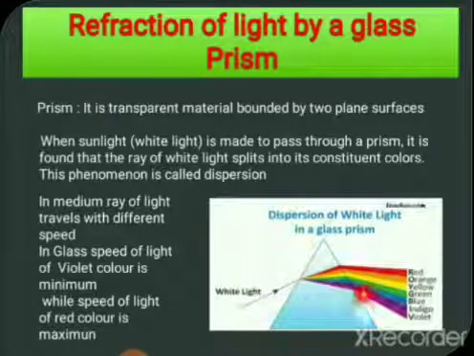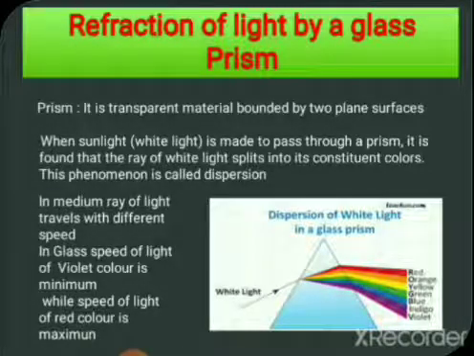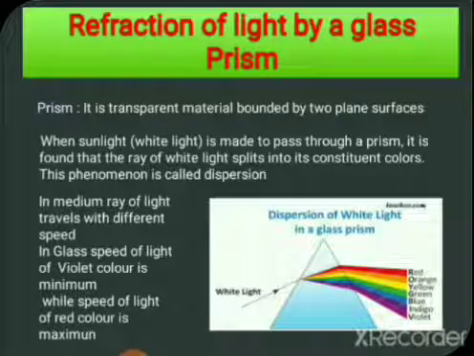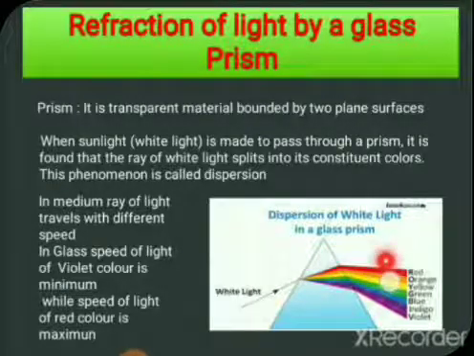Hence, violet color is spread in this direction. Violet color is deviated the most, while the speed of light of red color is maximum. The speed of light is maximum, hence the deviation of red color is minimum.